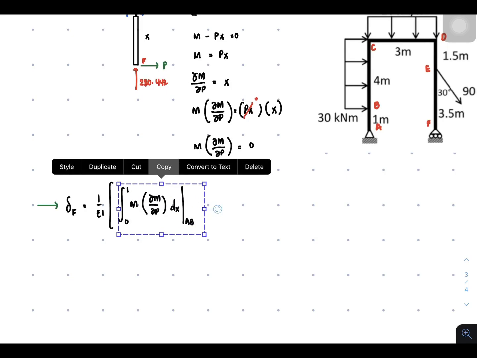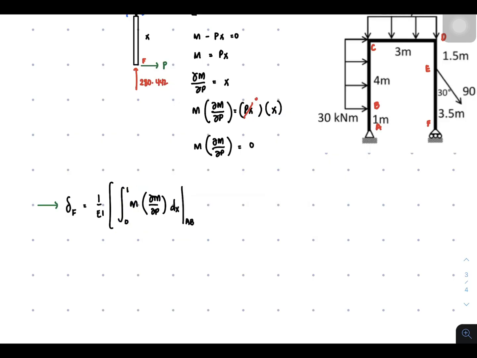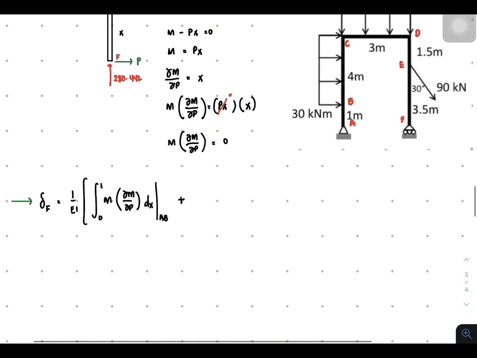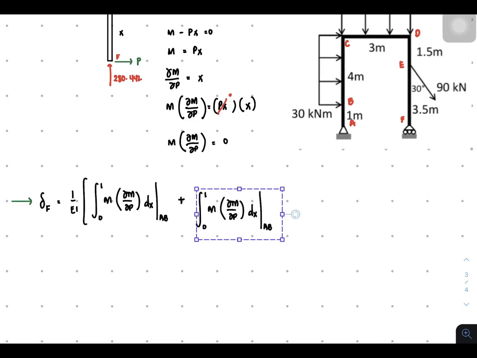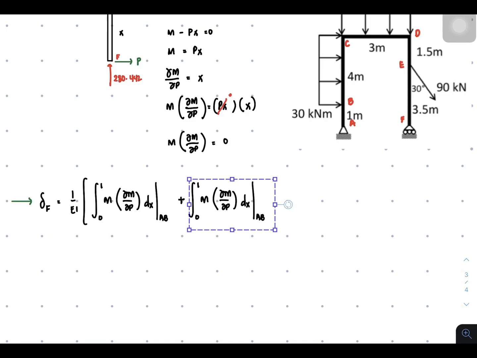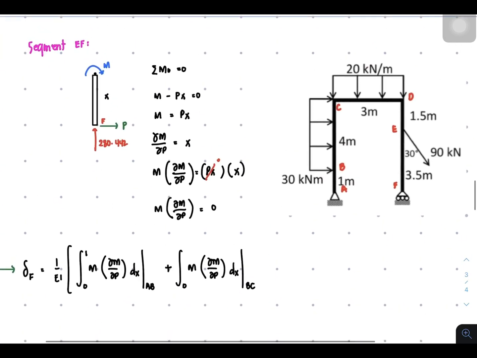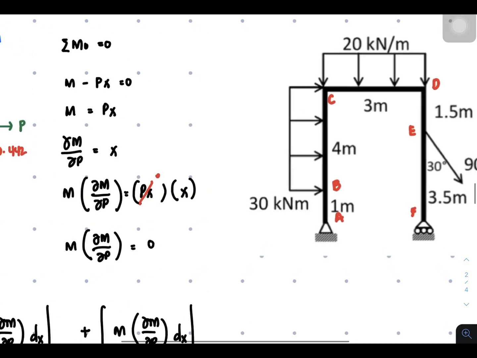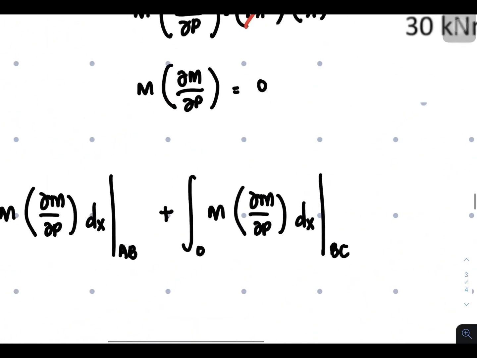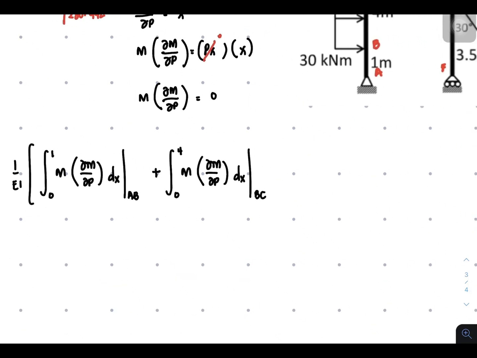And then we're going to copy this one, and plus the next thing here is for BC. For BC, the distance from B to C is 0 to 4 meters.